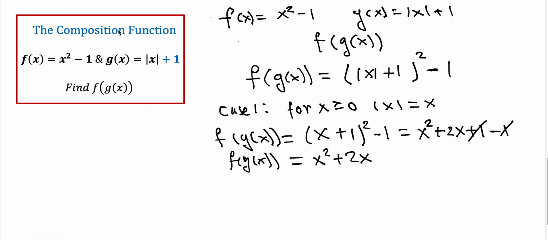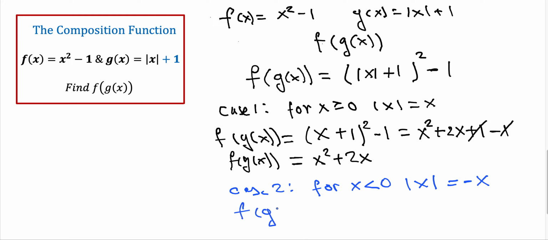for the case x greater than or equal to 0. And the second case, case 2, I have for x less than 0. The absolute value of x is going to be equal to minus x. Now, f of g of x is going to be equal to, instead of the absolute value of x here, I'm going to plug in minus x, plus 1, squared, minus 1.